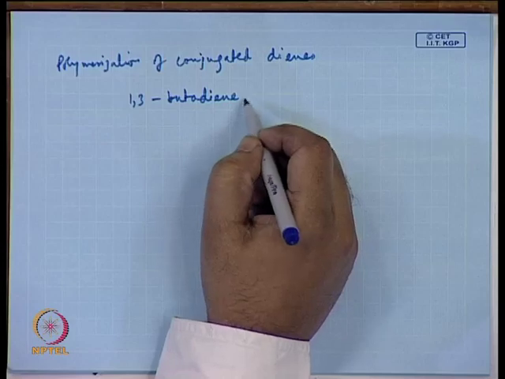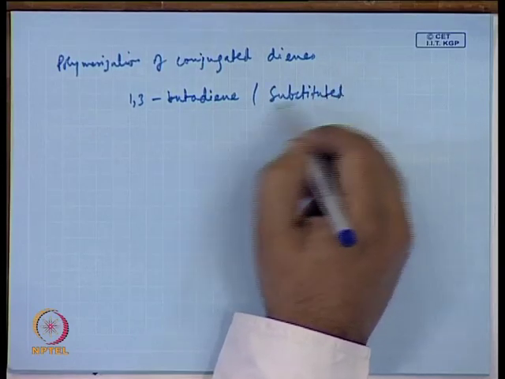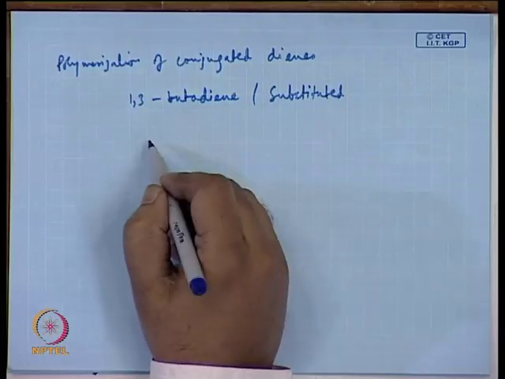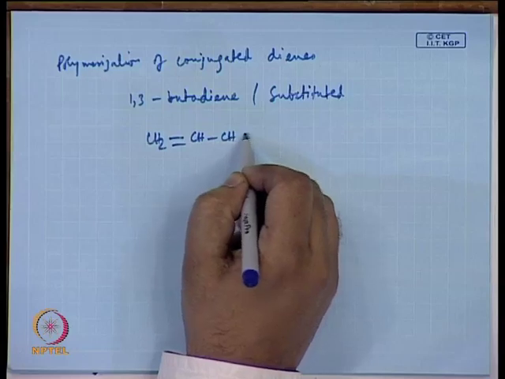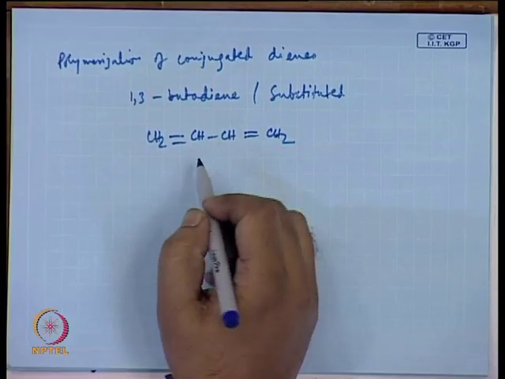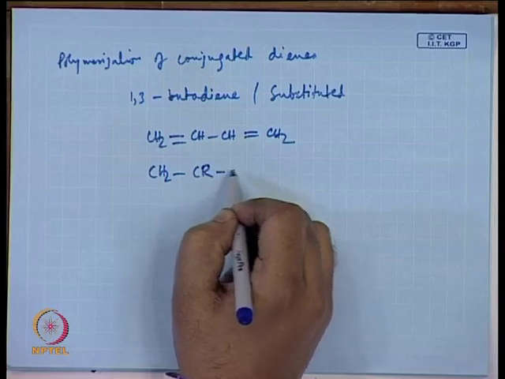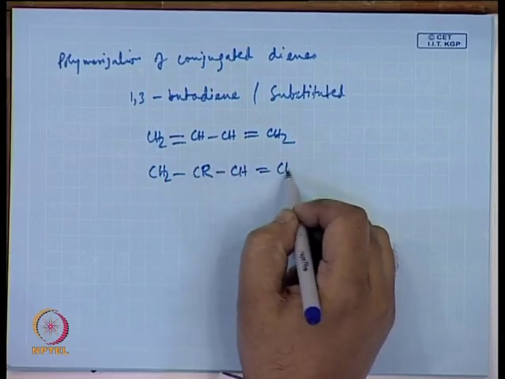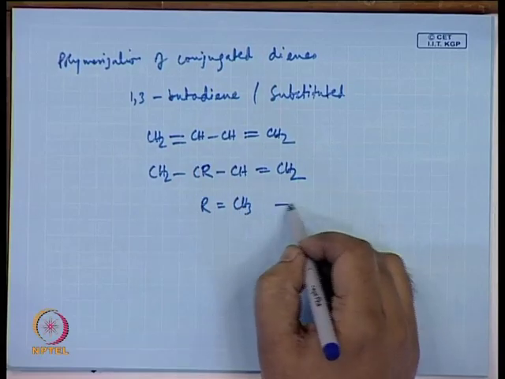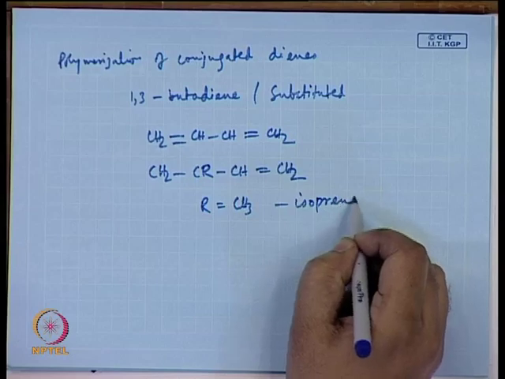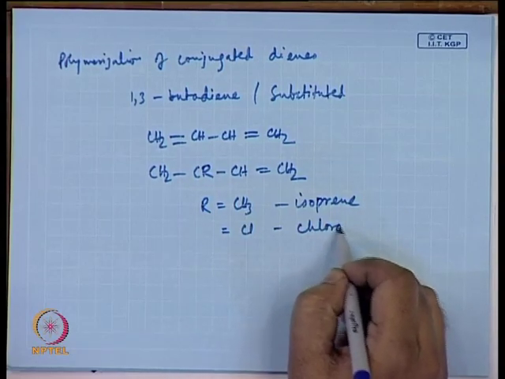You can have substituted 1,3-butadiene as well. We can write a general formula like this, and if it is substituted, we can write R instead of H. If R is CH3, then it is isoprene. If R is chlorine, then it is chloroprene.